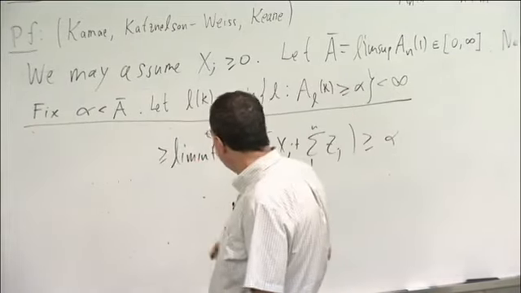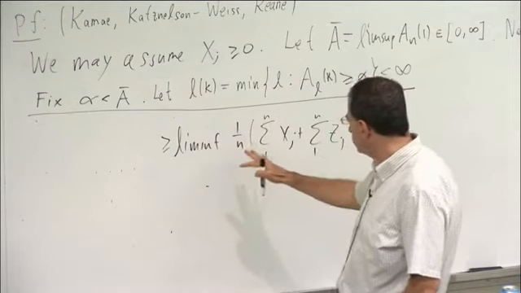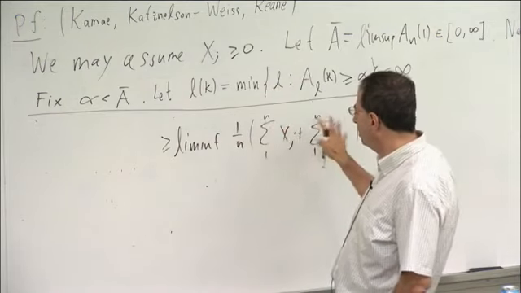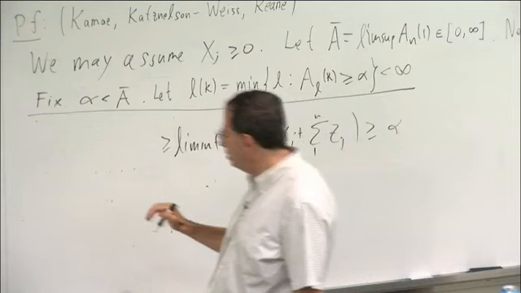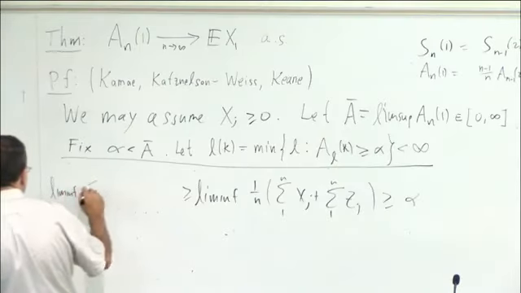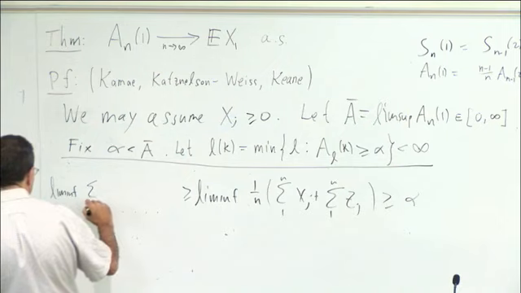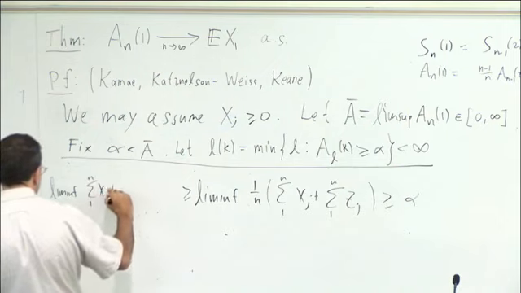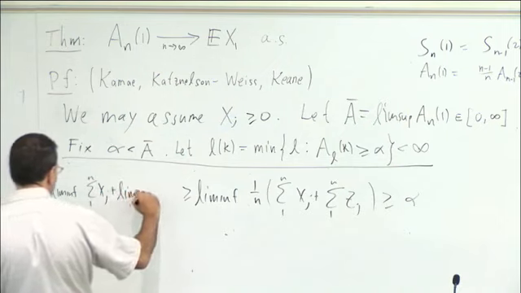On the other hand, what can we bound it above by? It's not true that the lim inf is bounded above by the sum of the lim infs, but it's certainly true that it's bounded above by the lim inf of the x's plus the lim sup of the z's.